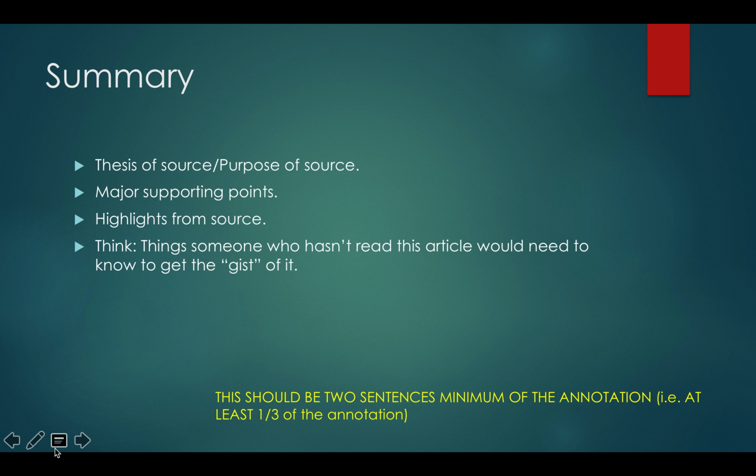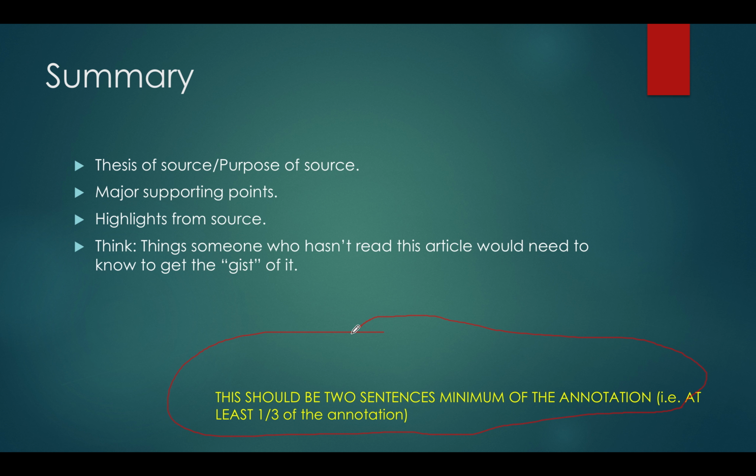The next part is probably the easiest thing. The paragraph of information below the citation, I like to think about in thirds. So 1/3 of this should be the summary.